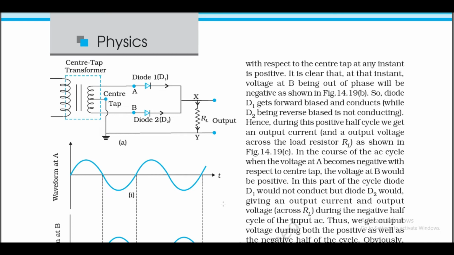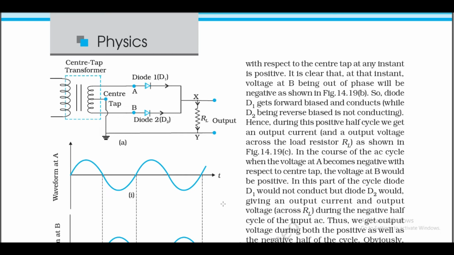So, diode D1 gets forward biased and conducts, while D2, being reverse biased, is not conducting. Hence, during this positive half cycle, we get an output current and an output voltage across the load resistor RL as shown in figure 14.19c in the course of the AC cycle.